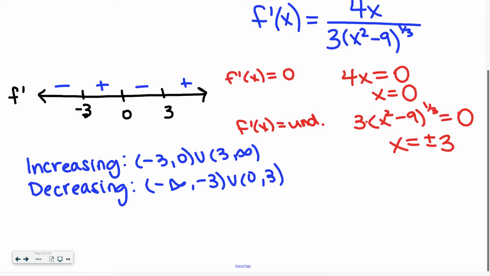Somebody at your table has a graphing calculator out. Have them plug it in and share it. It's going to take me too long to get mine pulled up because it's very slow. Okay, share it with your pod.